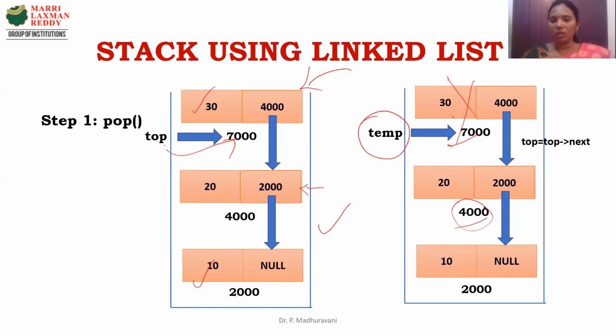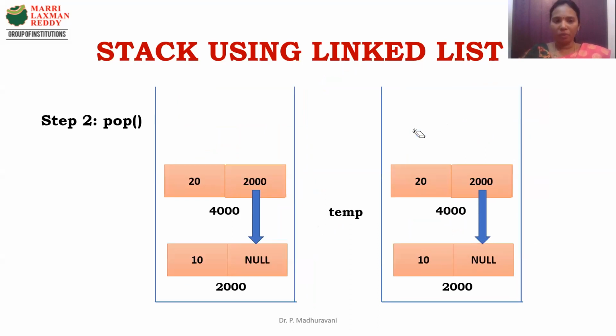Simply, I'll move top from 7000 to 4000 by top equal to top next. Now the top will point to the next node, that is 4000. Now simply remove the temporary pointer which is at 7000. After removing the data value at 7000, the 4000 will become the top node.